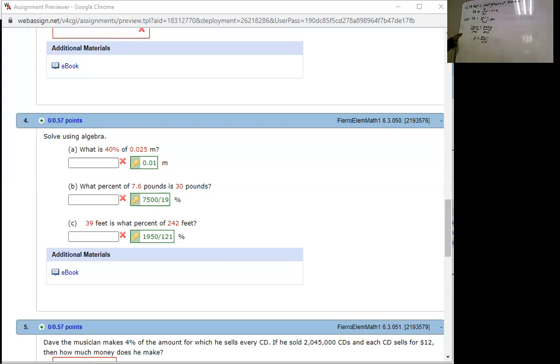And in this case here, because they want this as a fraction in simplest form, I divide the numerator and the denominator by 2. 3,900 divided by 2 would be 1950. And then 242 divided by 2 would be 121.